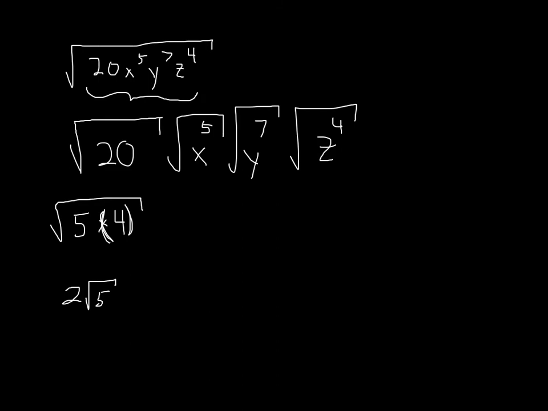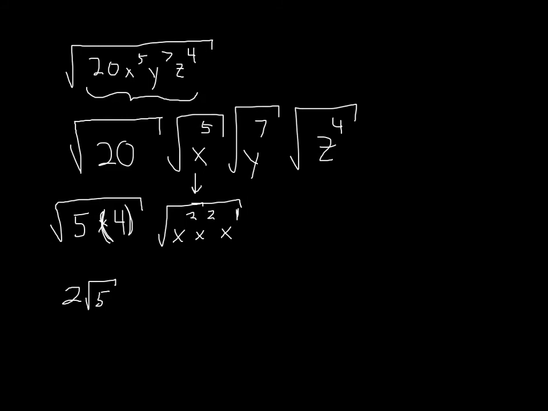Then I have the square root of x to the 5th. How am I going to simplify that guy? Well, this is going to be equal to the square root of x squared times x squared times x. When I'm multiplying exponents, I actually add them, and there's an implied 1 here for my exponent.